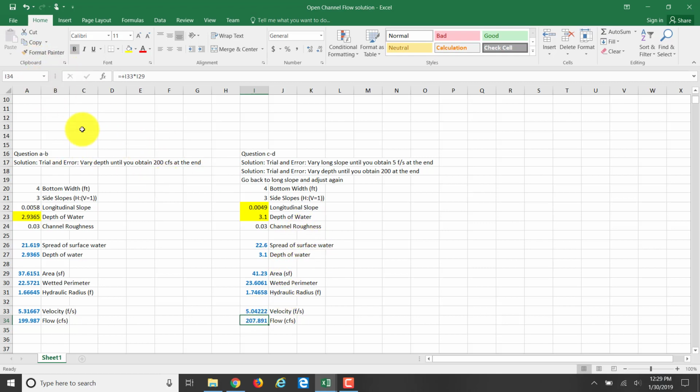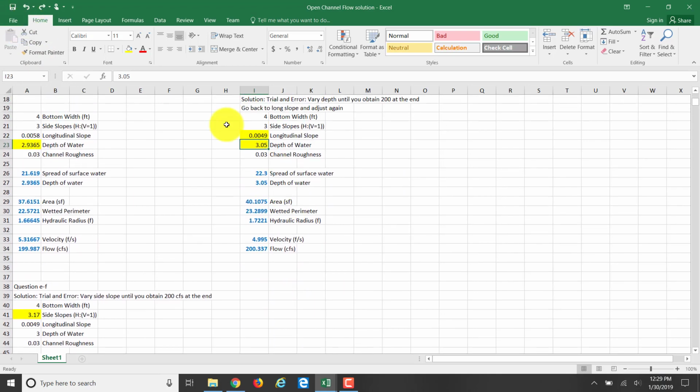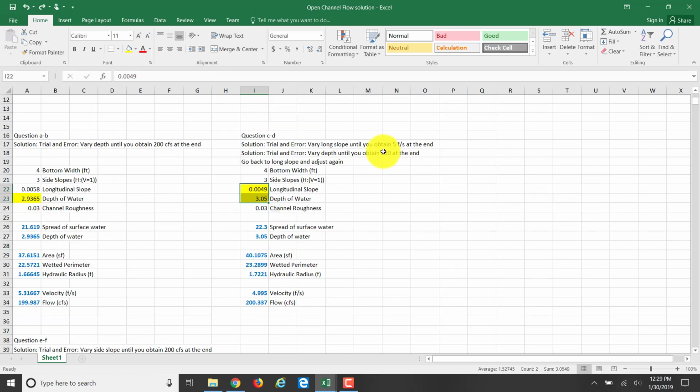So what I'm going to have to do on this one over here is continue to just play around with the two of these to balance them out to where I get to 200 cubic feet per second of flow and right around 5 feet per second, just a little bit lower than that, just by playing with these two. That's why they're highlighted in yellow. Those are the items that I'm going to vary.